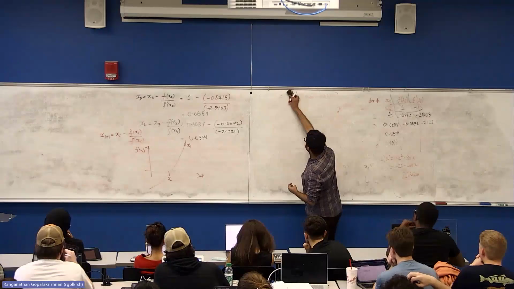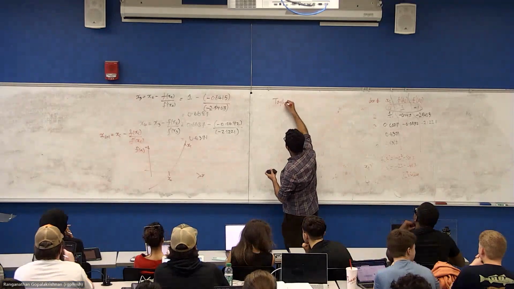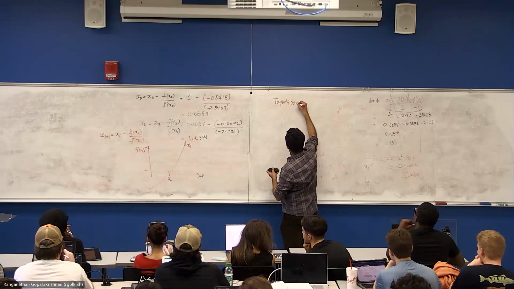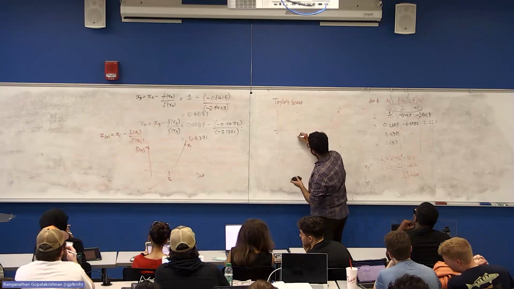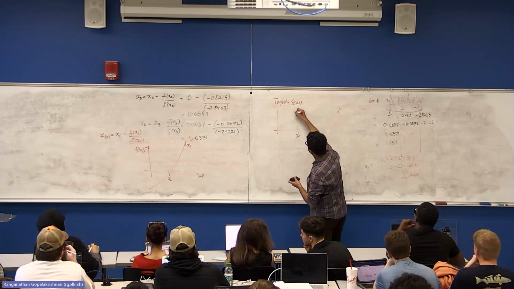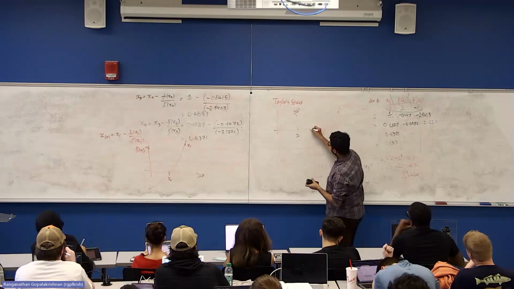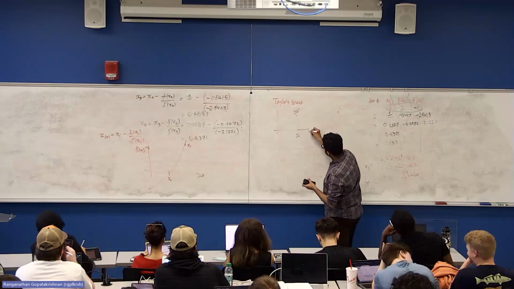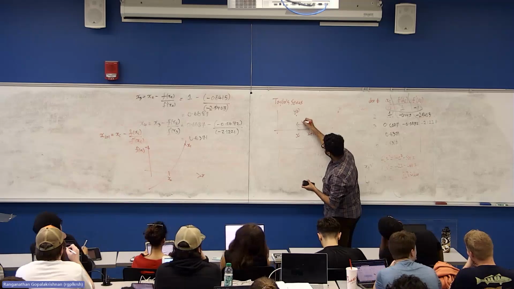I want you to recall something you learned in your calculus courses, which is Taylor series. What is Taylor series? If you have a function at a point x, we'll call it y of x, and I pick a neighboring point which is at a short distance away, we'll call it x plus h, where h is a short distance.